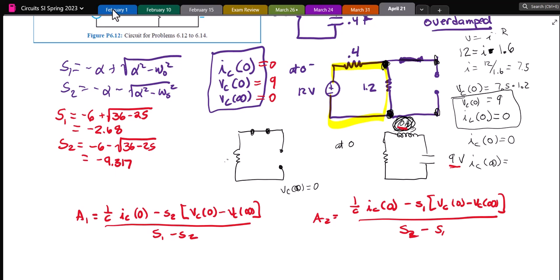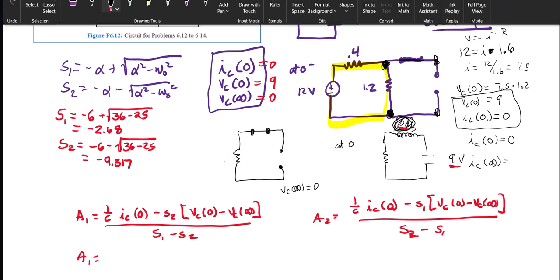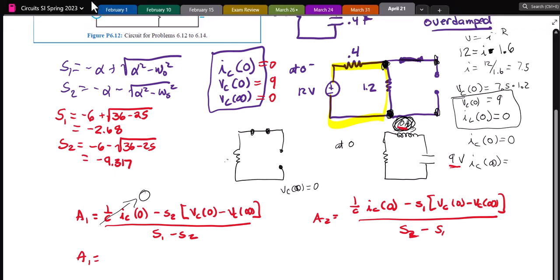Okay, so this is where I was saying at this point, it's just a lot of plugging in numbers. IC of 0 was 0, so this is 0. VC at infinity is 0. So we end up with A1, we have minus S2.